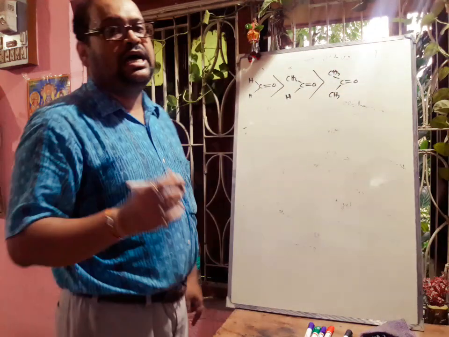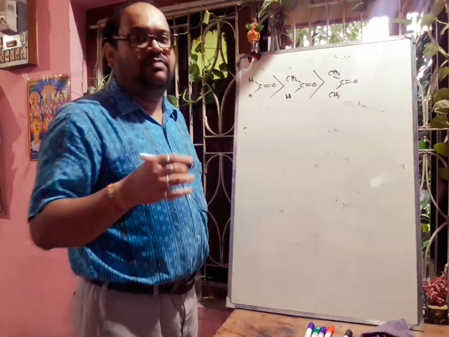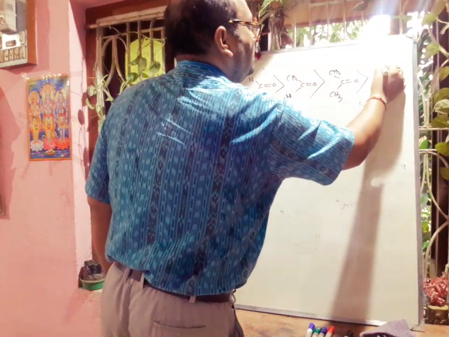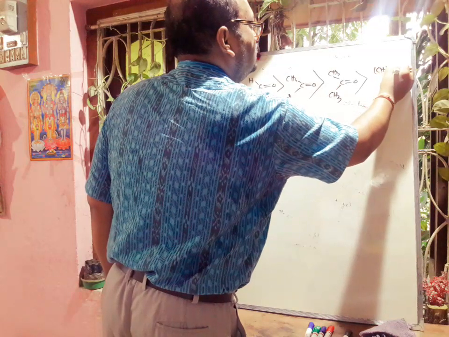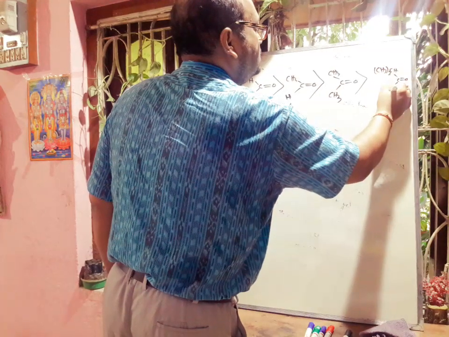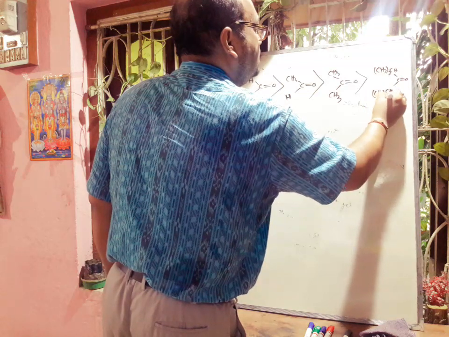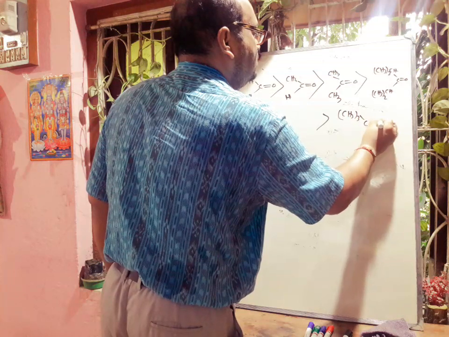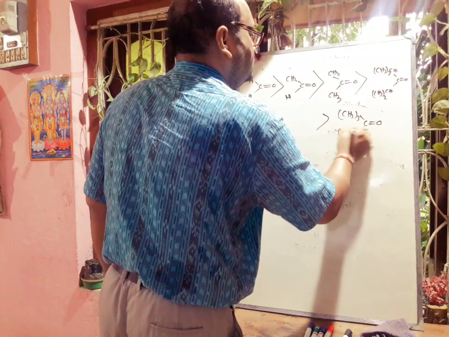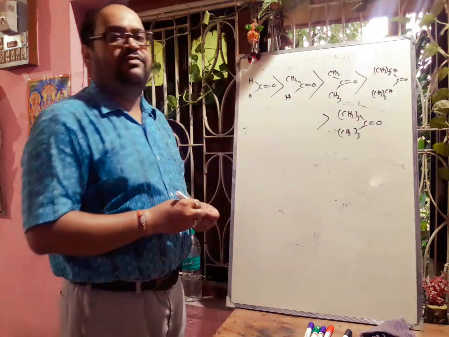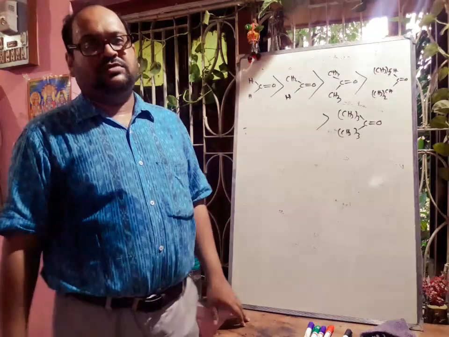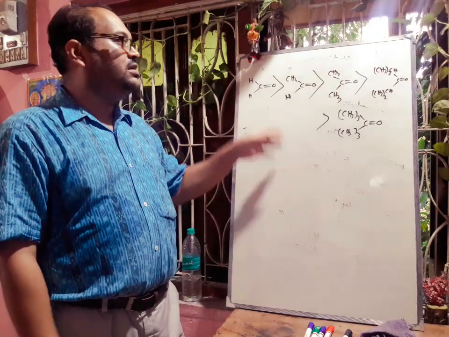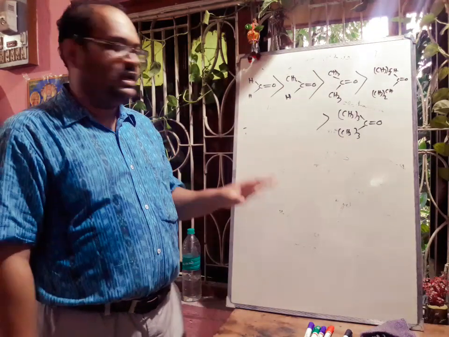Then we increase the branching of the alkyl group, and the reactivity order also decreases: (CH3)2CHCOCH(CH3)2, then (CH3)3C-CO-C(CH3)3. If we increase the alkyl group, because of steric crowding, the nucleophilic attack on the carbonyl group will decrease. Hope you can understand.